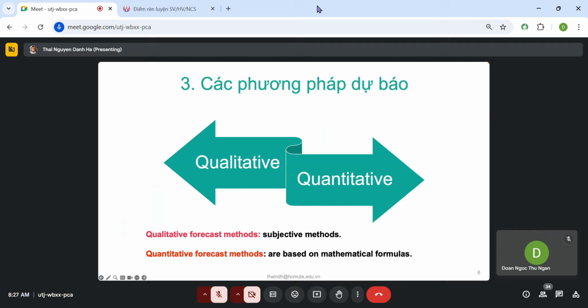For the qualitative forecast, this is a very basic method for the company, because most of the techniques we use in the qualitative forecast method are based on the manager of the company. How can they make the decision?